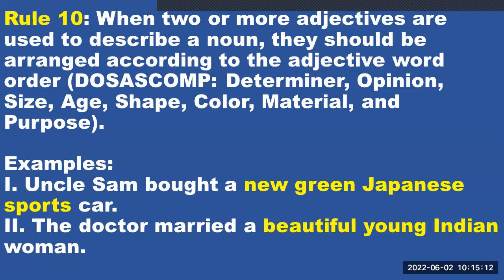Do I say Japanese new green car, or do I say green new Japanese car? No, you have to arrange them according to order. Age comes first, color comes after age, origin comes after color, and purpose comes last. So this is how we arrange them, okay?